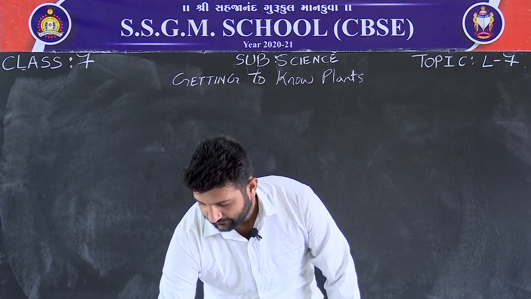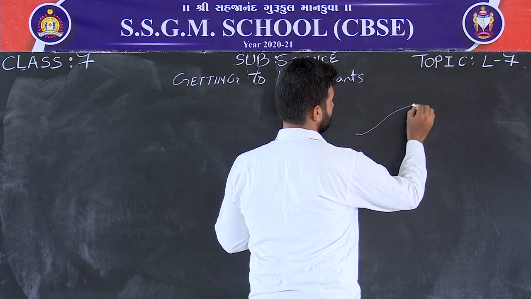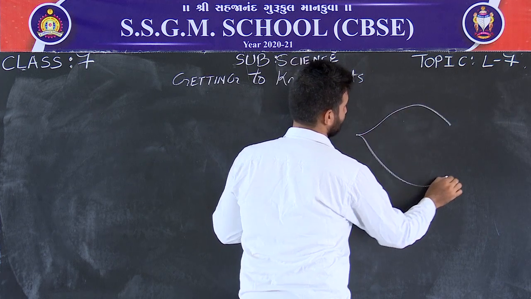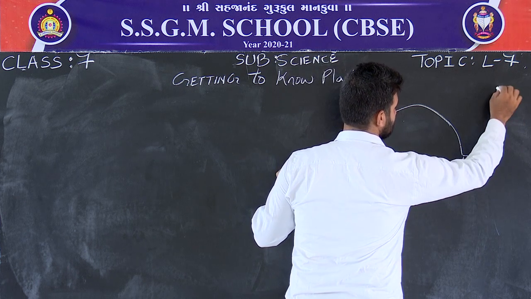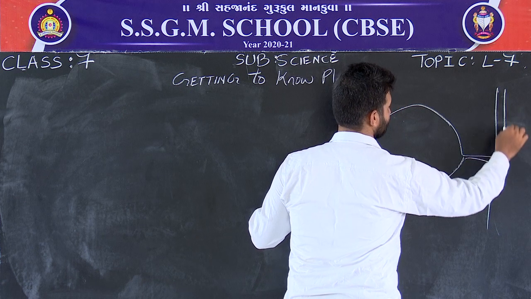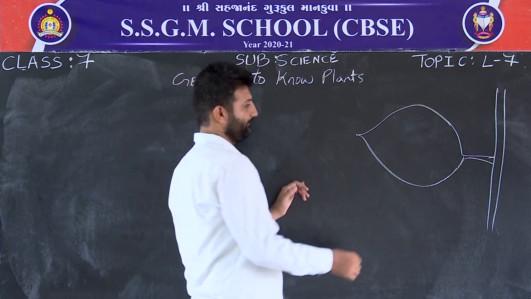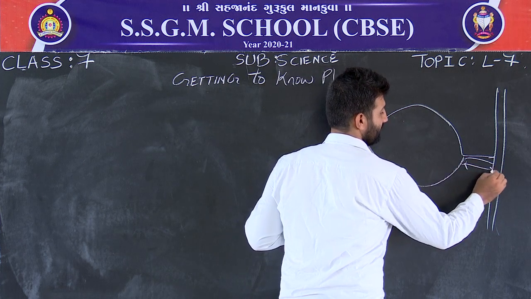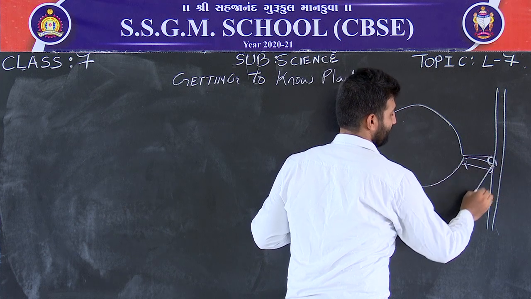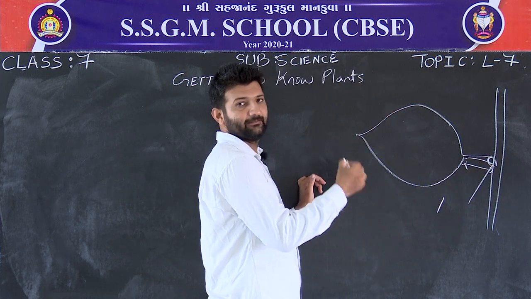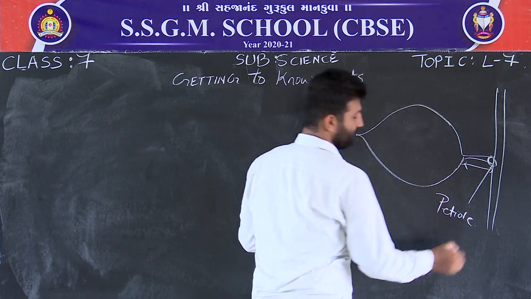So here you can see the structure of a leaf. A leaf looks somewhat like this, and I think this is the branch. The point where it is attached to the branch is known as the petiole.